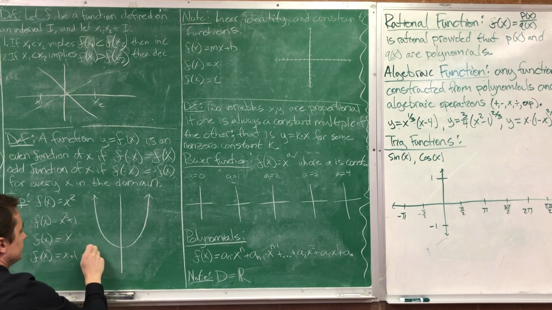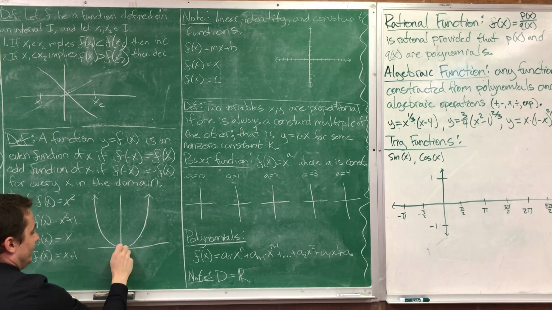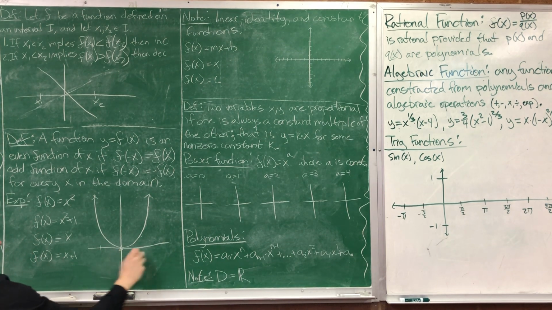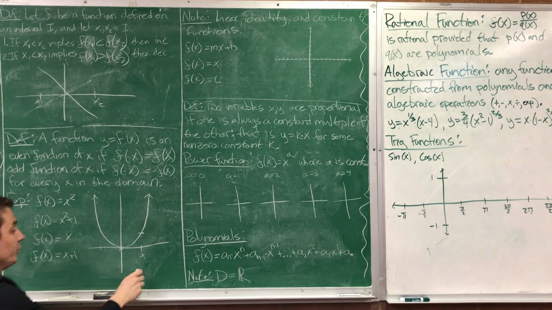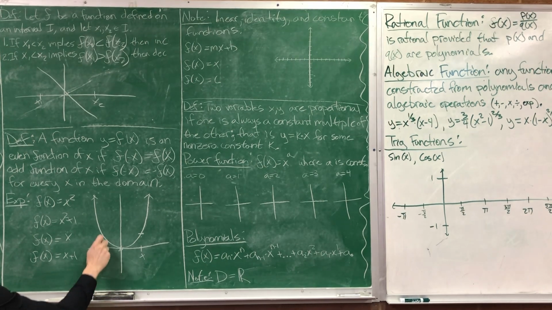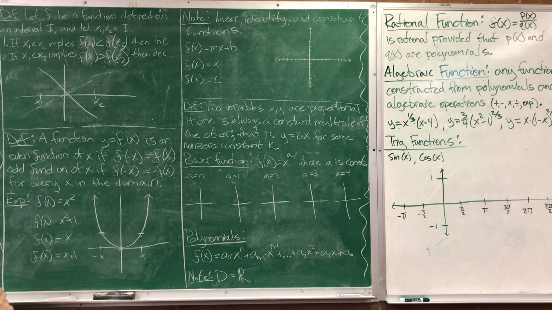Okay, pick some x. Here's x, here's its height. Notice that negative x has the exact same height. That's what we mean by an even function. Both x and negative x give you the exact same height.